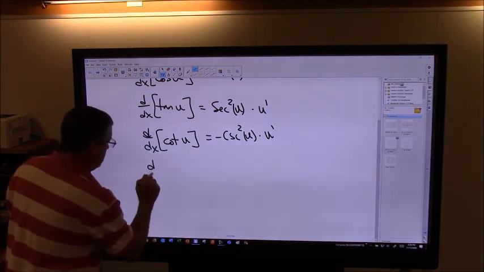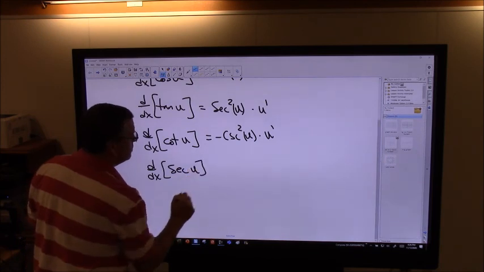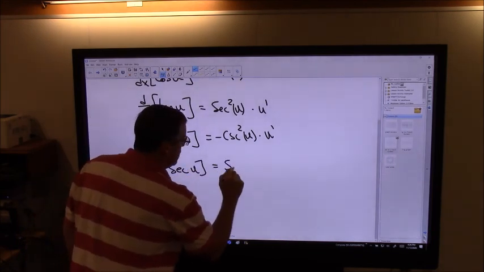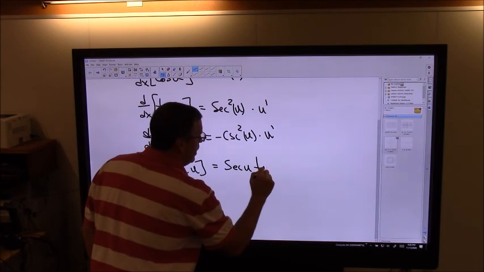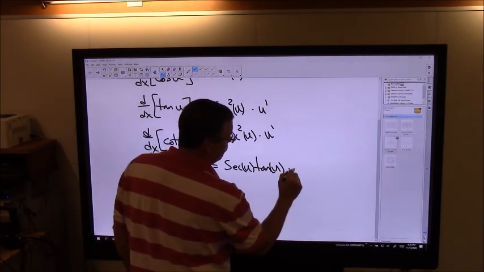If I had the derivative of a secant of u, that would equal a secant u times tangent u, here's my two angles, times the derivative of what's on the inside.